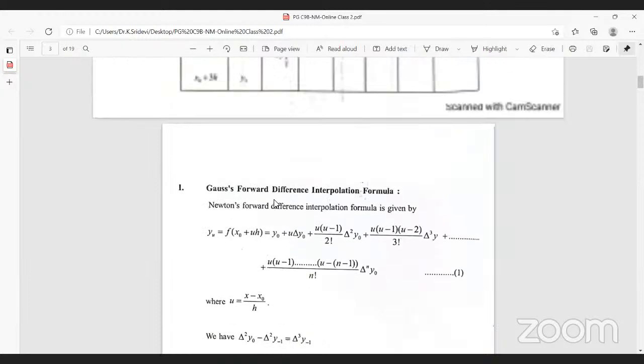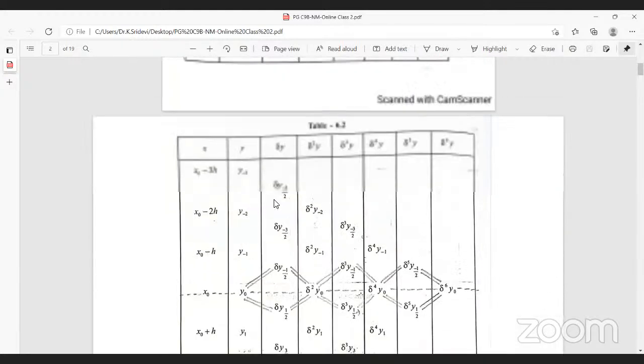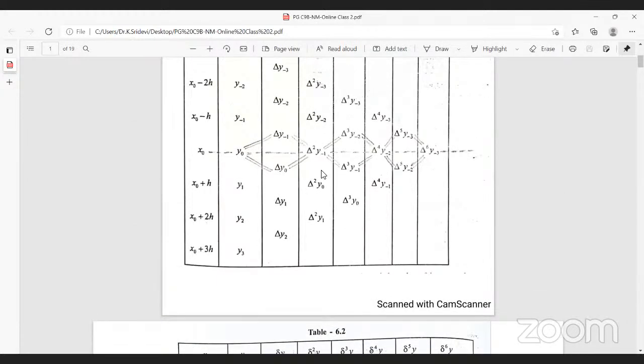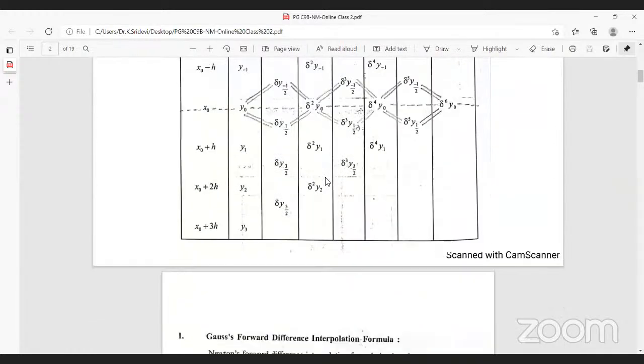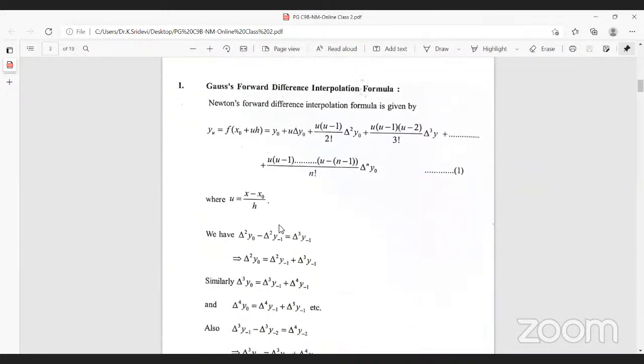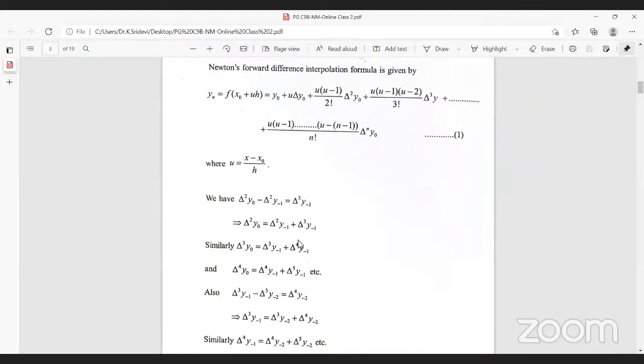Where is delta cube y minus 1? This one. So delta cube y minus 1 is nothing but delta square y naught minus delta square y minus 1. From this expression, we can write delta square y naught is equal to delta square y minus 1 plus delta cube y minus 1.